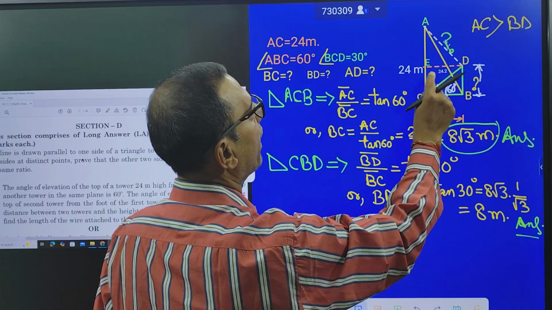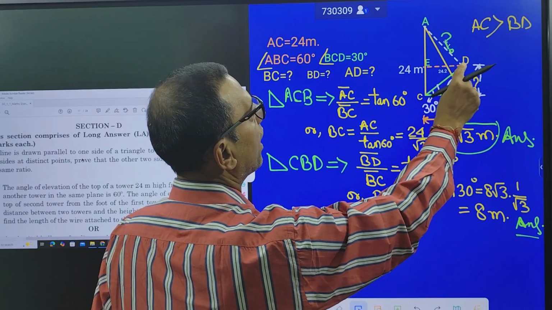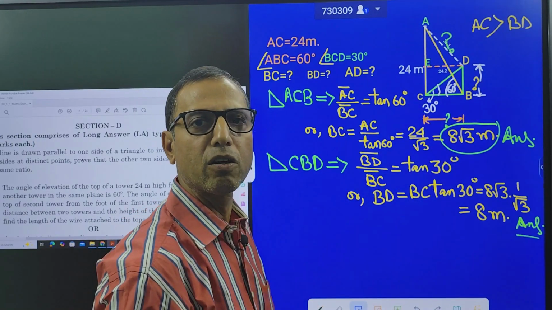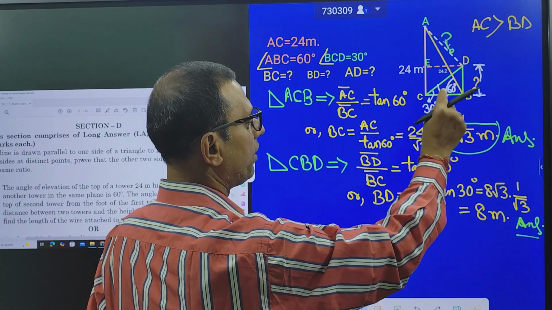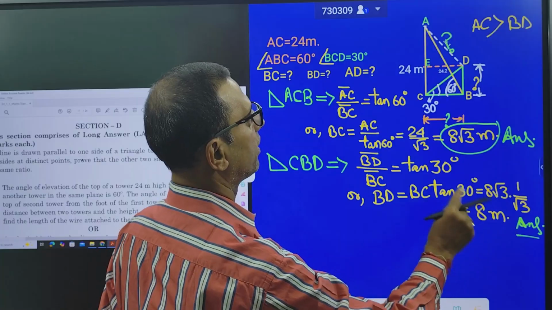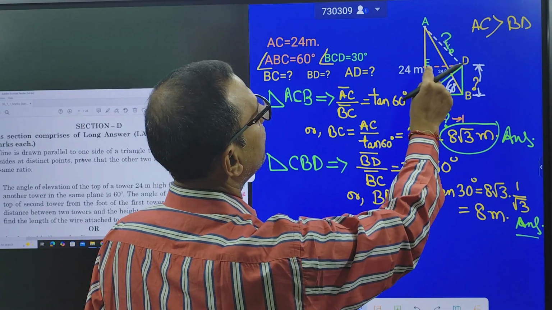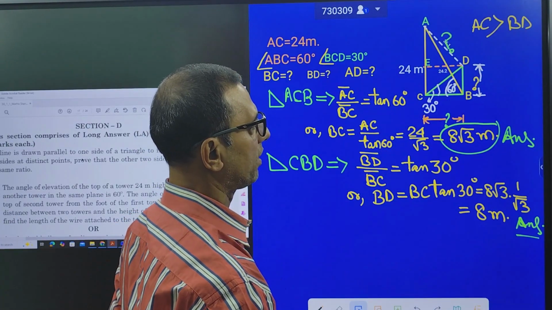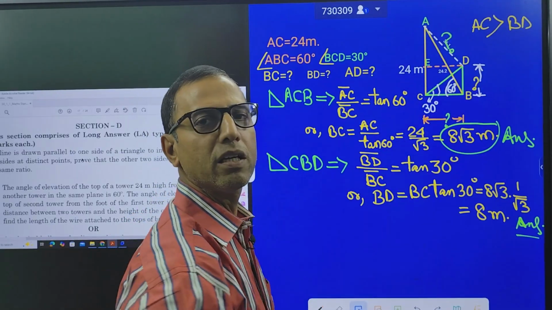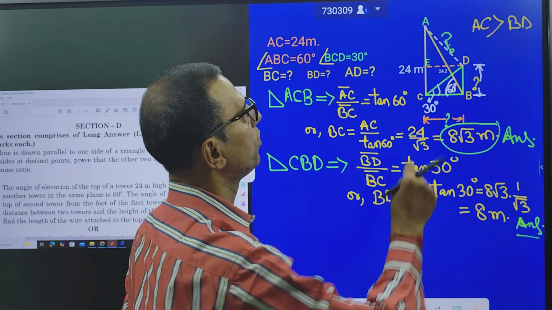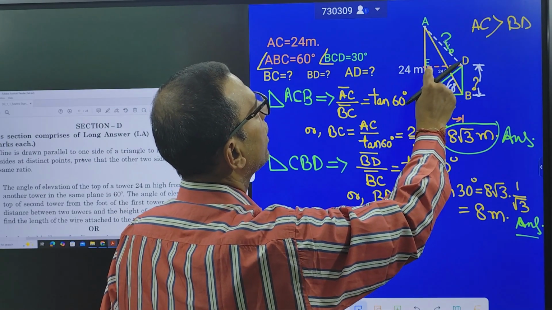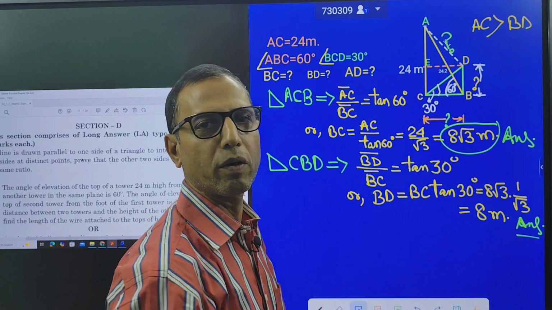AE equals AC minus CE, and CE equals BD. So AC minus BD, 24 meter minus 8 meter, that is 16 meter. AE is 16 meter, DE is 8 root 3 meter. Now by the Pythagoras theorem, AD, the hypotenuse, equals root over AE square plus DE square. Got it?